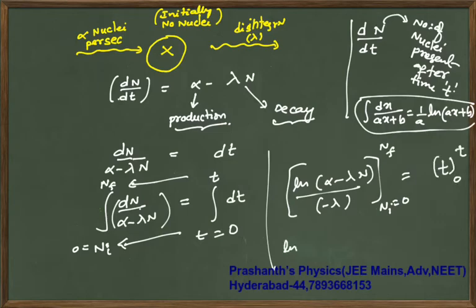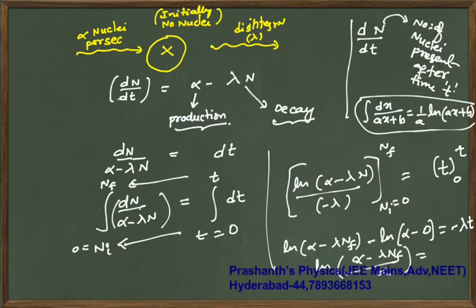So ln of (alpha minus lambda N final) minus ln of (alpha minus lambda into 0). Sending minus lambda to the other side, it becomes minus lambda t. So (alpha minus lambda N final) by alpha is equal to e power minus lambda t. From here you get the value of N final, the required answer, by simplifying this.